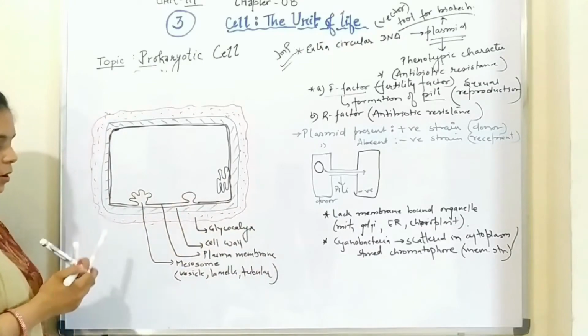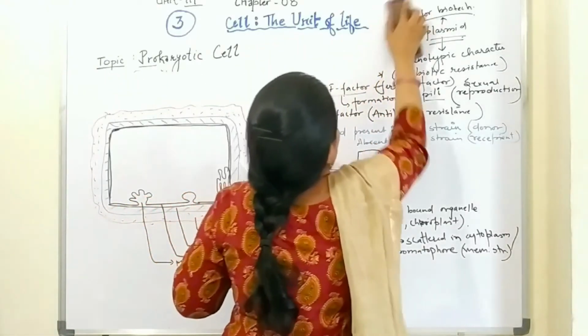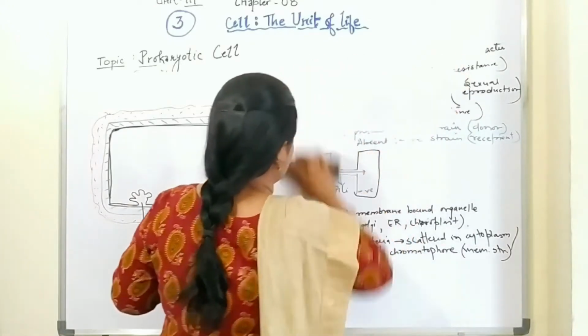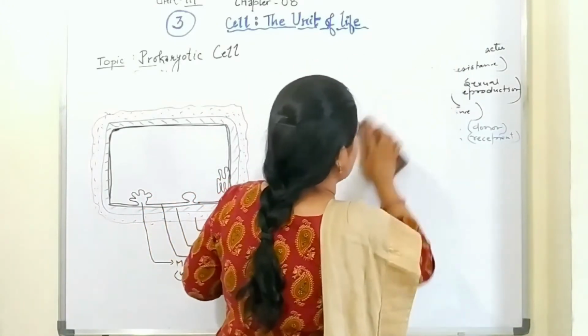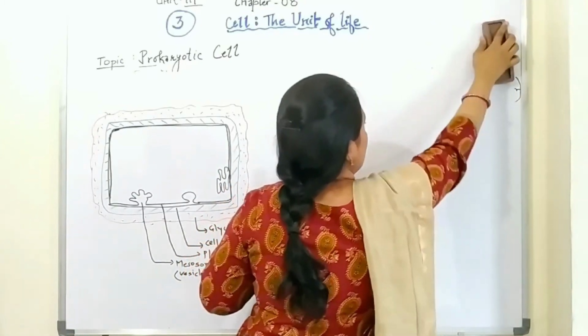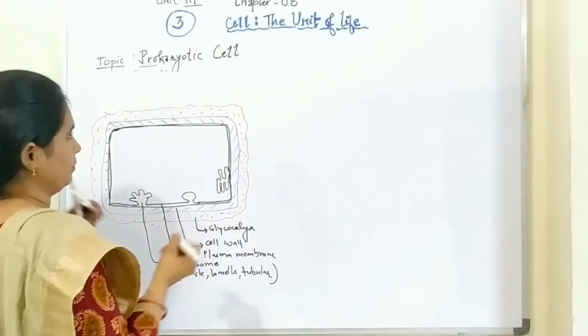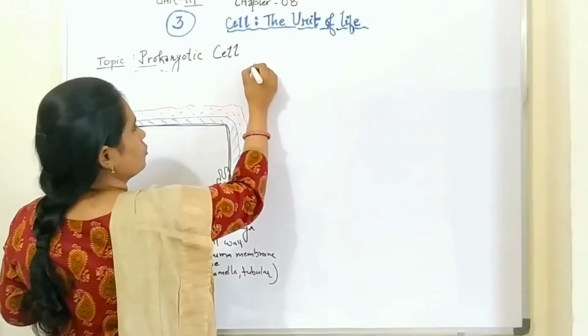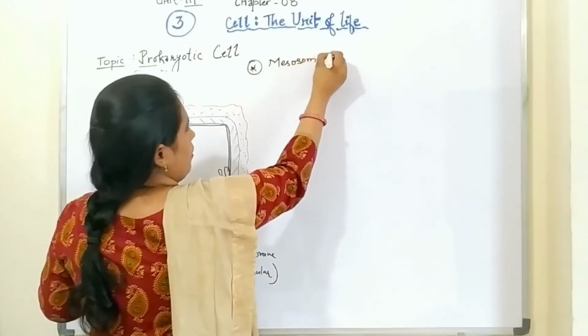Fine. Now, what is the function of mesosome? Mesosome carries a very important function in case of prokaryotic cell. One by one I will let you know. First one. So our topic is mesosome. Fine.